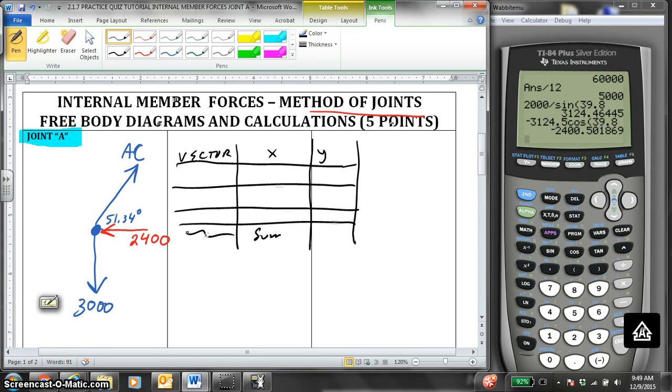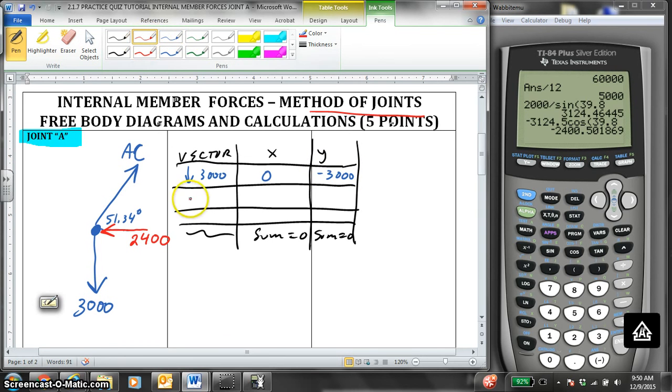And the sum of statics equals 0. The first vector let's look at is the down vector at 3,000. The x component is 0. The y component is negative 3,000. You need to hold a sign, I mean positive or negative sign.